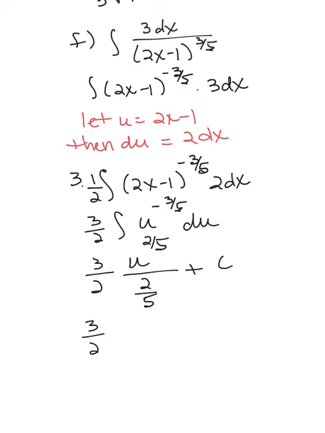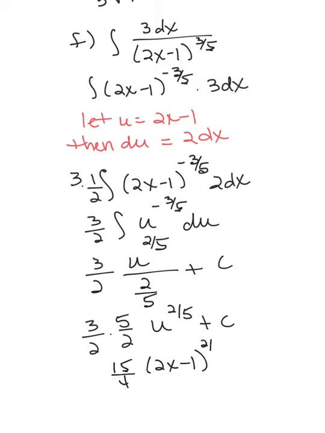So we've got 3/2 times 5/2, u to the 2/5 plus c. Our final answer then will become 15 over 4 by multiplying the two fractions. We're going to take out the u and replace it with what it was originally, 2x minus 1, to the 2/5 power plus c.